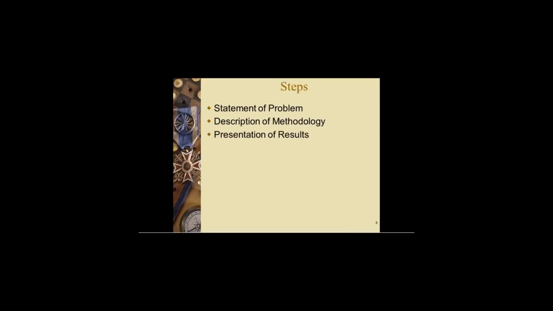Then presentation of results, a very important aspect. Once these are all systematically done, the type of tables that you choose, the type of statistics that you choose, the type of graphs or pictures that you choose to present your results. And that's the step.